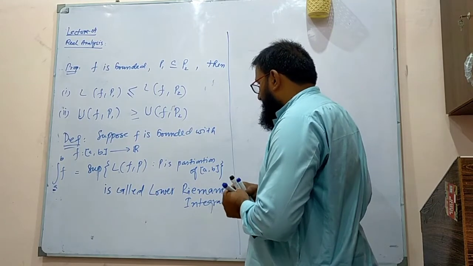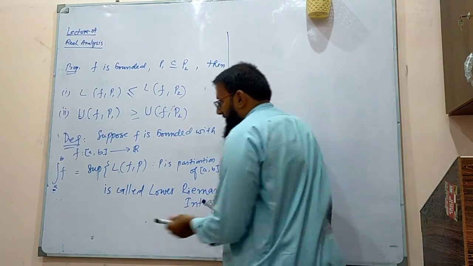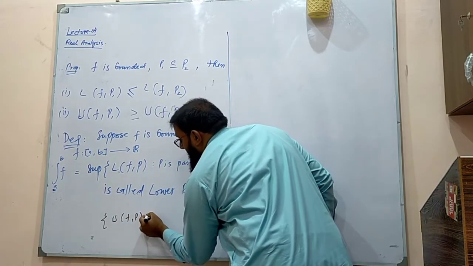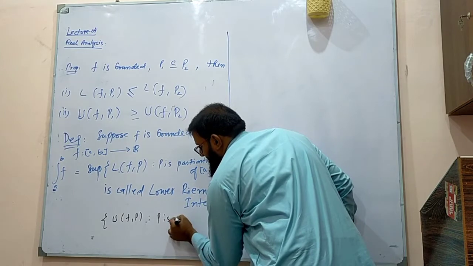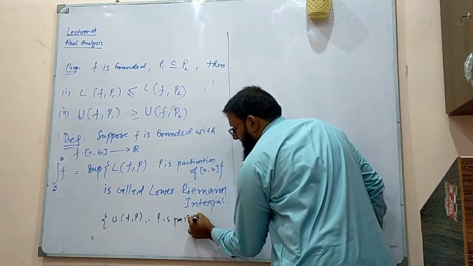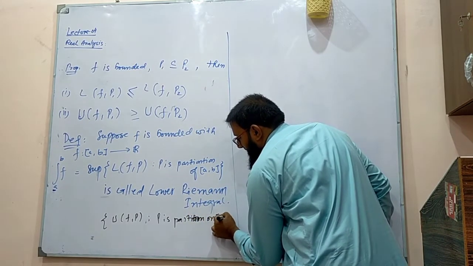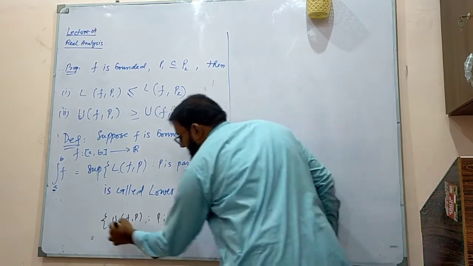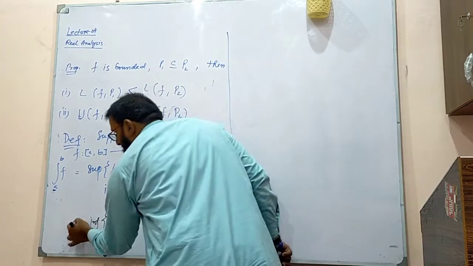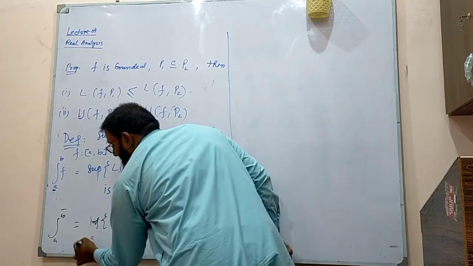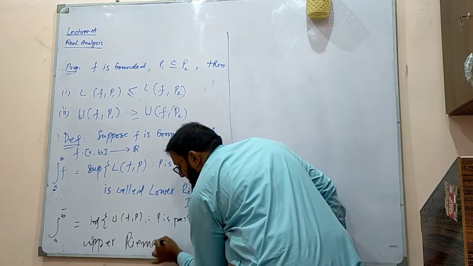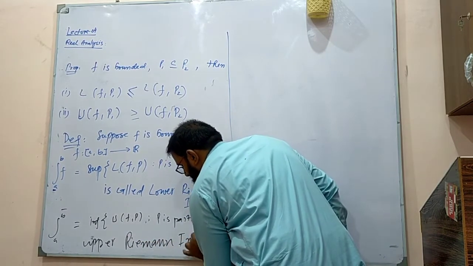Lower Riemann integral. And similarly, I am taking the upper sum of a function on some partition P of [a, b], and I want this as small as possible, so I am taking its infimum, and I call this the upper Riemann integral.